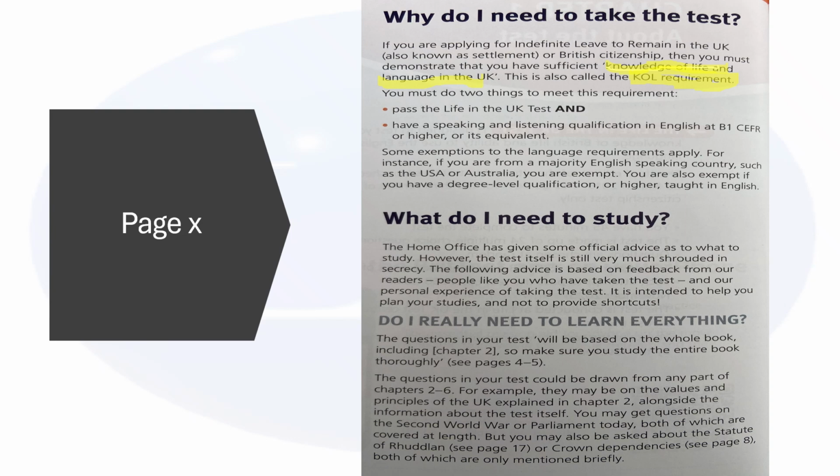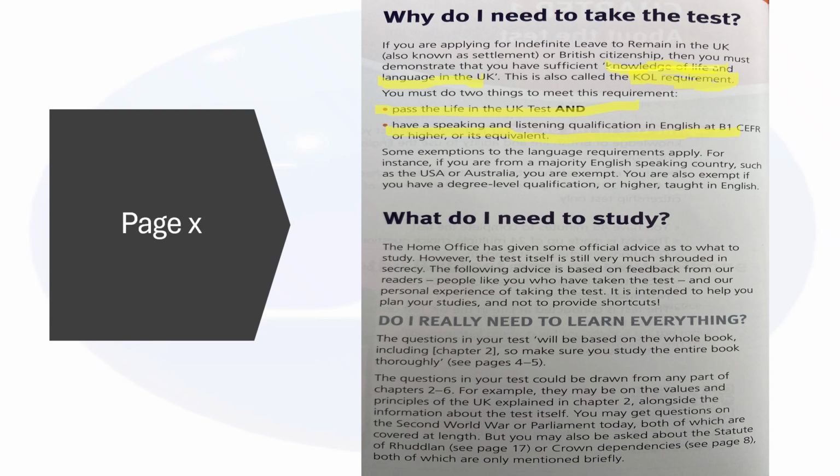And knowledge of language is these two things. One, Life in the UK, this course that we are doing now, and two, a speaking and listening qualification at B1. You have to remember, if you want to apply for British citizenship, you have to have two qualifications: one is Life in the UK, one is B1. I have made videos on both of them. My test videos and my B1 videos are there. I thought to make these book videos because some people want to learn the book, some people want to understand the book.